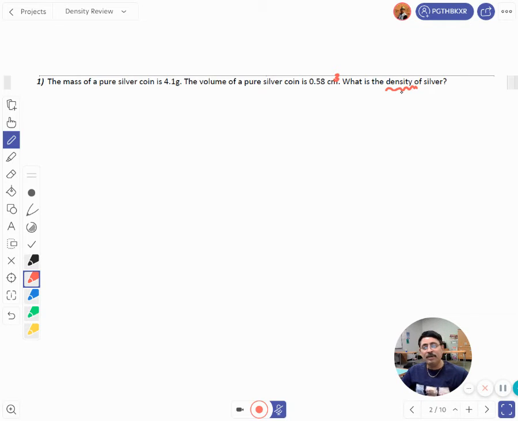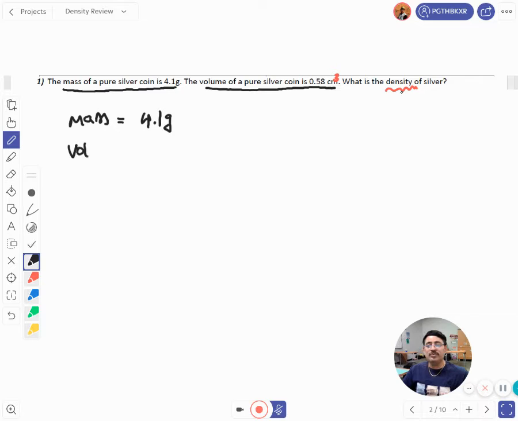First of all, please copy the information. I see that mass is 4.1 grams. And next, volume is given as volume equals 0.58 cubic centimeters.